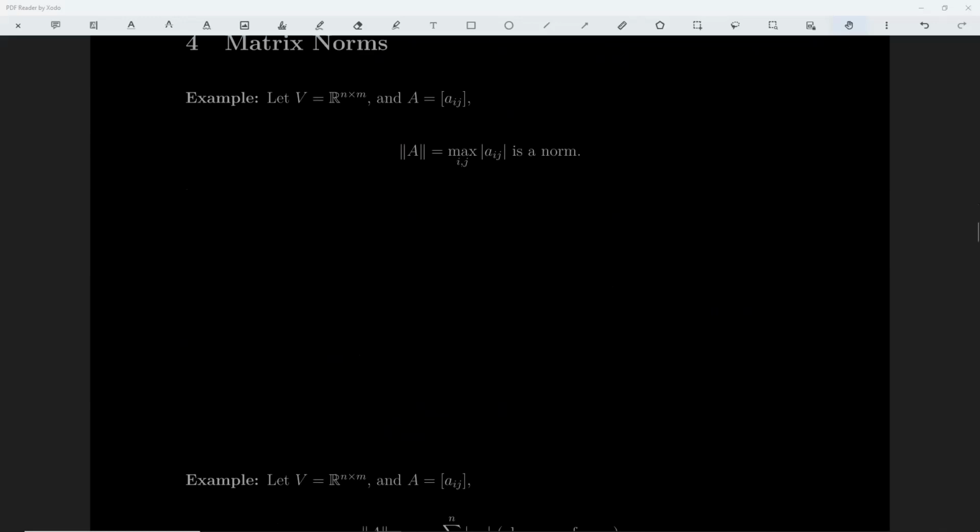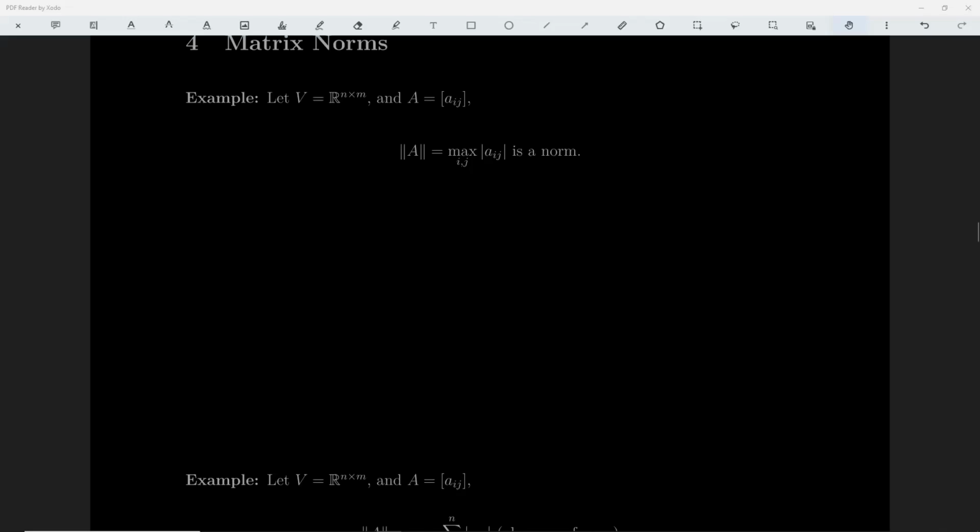All right, so here's one definition given. It says let V be the n by n real matrices, and this notation actually corresponds to the whole matrix A by referring to its ijth entries.